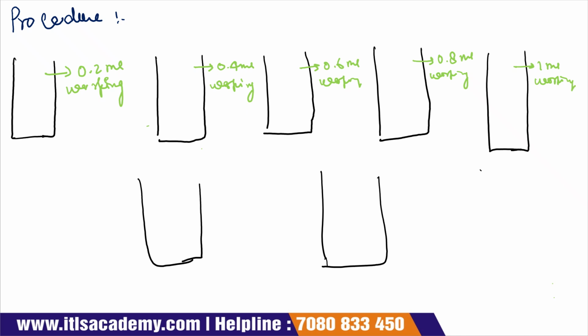Now in the sixth test tube, you have to add 1 ml distilled water, and in the seventh test tube, you have to add 0.2 ml of your sample.